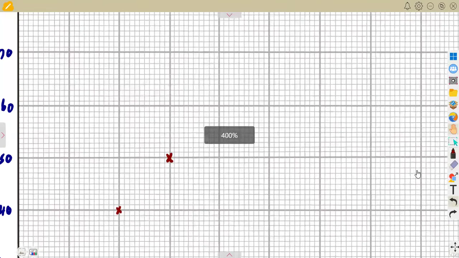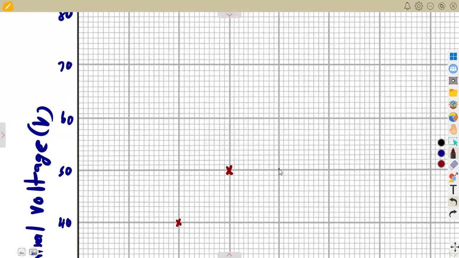According to each box, there are 10 small boxes within this box that you are given. There are 10 small boxes, 1, 2, 3, 4, 5, 6, 7, 8, 9, 10. According to this scale, these 10 small boxes represent the difference of 10, from 50 to 60.